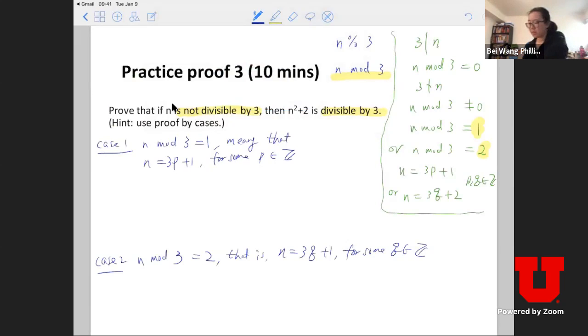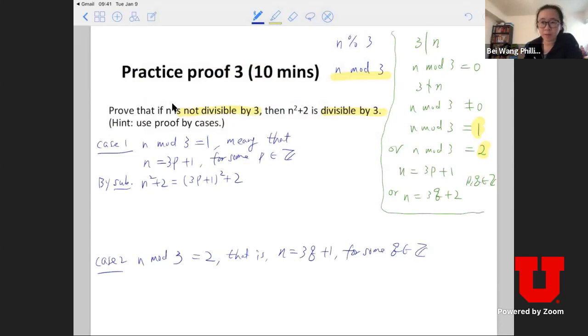Okay, and now what's the next step? For the first case, we have some sub-steps. First, I already expressed n is equal to 3p plus 1. Now I want to do substitution. N squared plus 2 is equal to (3p plus 1) squared plus 2.